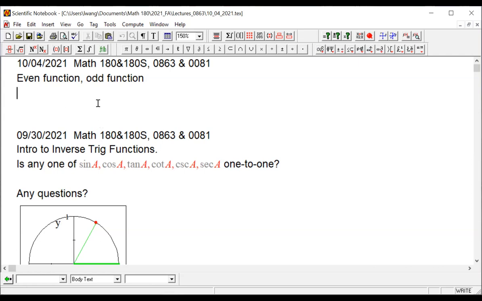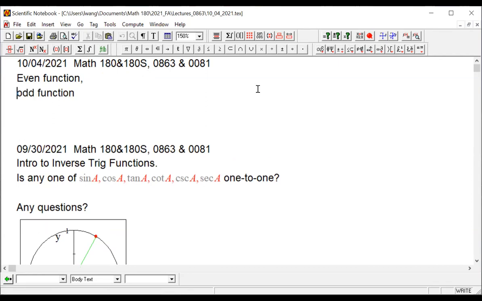An even function, if, right? So we assume it is a function F. Function F is even.